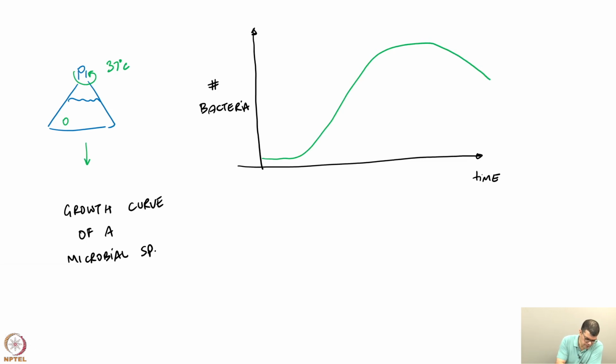The first phase is where really no growth takes place. Let's say this is till time t naught. The characteristic feature here is no to very little growth.